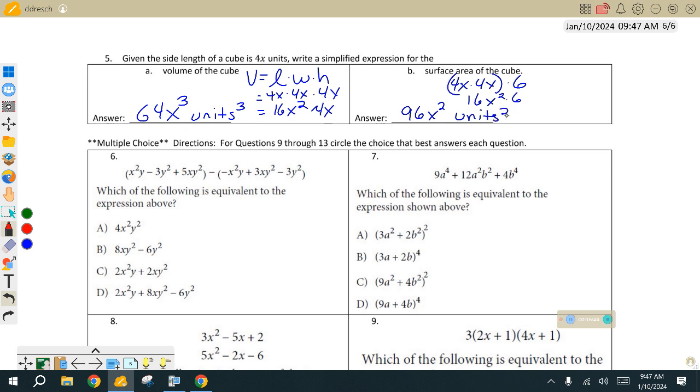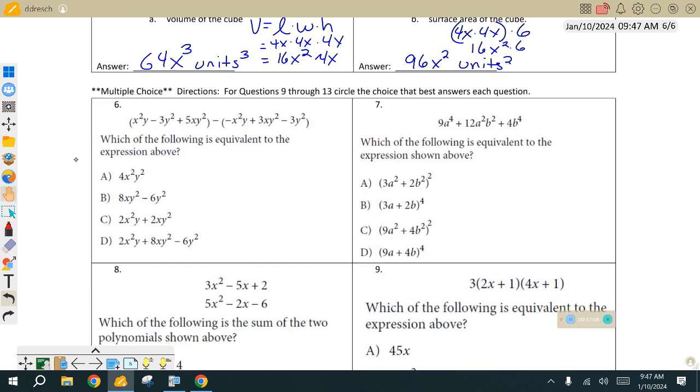And I don't care if it says area or surface area. Area is squared. Okay? So we'll talk more about this throughout this semester. Again, these are good SAT problems that you're going to see in April. If we get to it or don't get to it before that. Okay? All right.